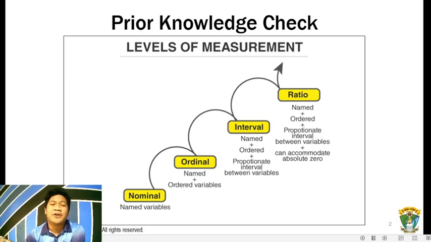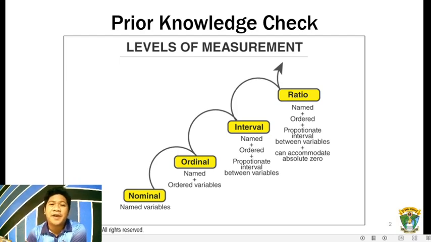Now, zero in the temperature in Celsius scale, 0 degrees Celsius, means something. It does not mean that there is no temperature. But 0 degrees Celsius means the freezing point of water. So in interval, 0 means something. But in ratio, 0 means nothing.